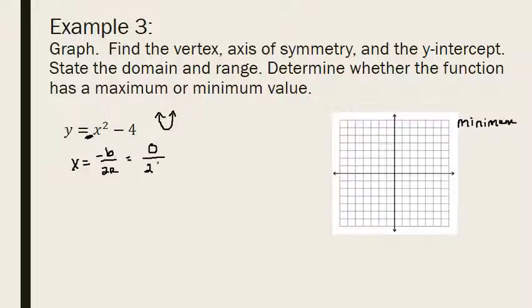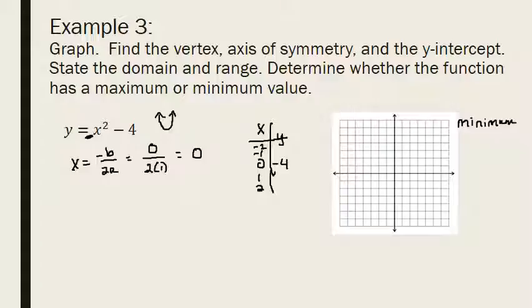0 divided by 2 times 1. Well, 0 divided by 2 gives you 0. So in your xy table, 0 is going to be in the middle. Negative 1, negative 2, and 1, 2. All right, so now we know that whenever we plug in 0, we get that c value, so that's going to be negative 4 there.